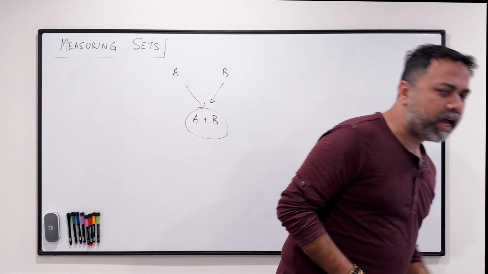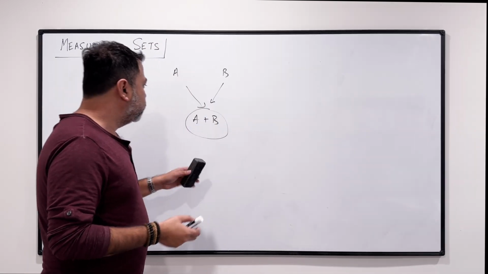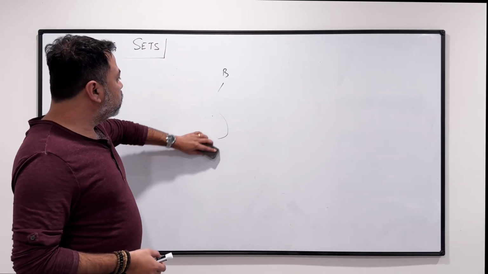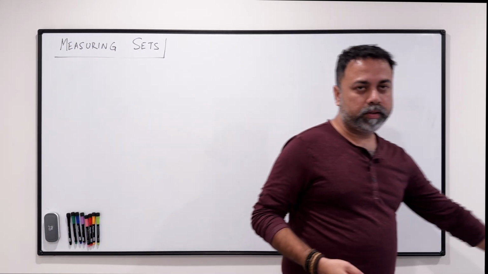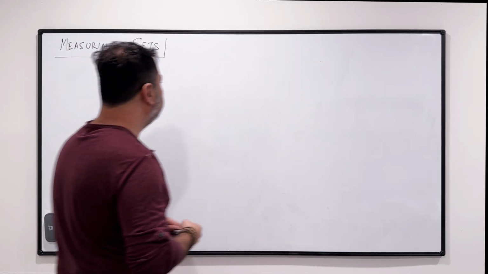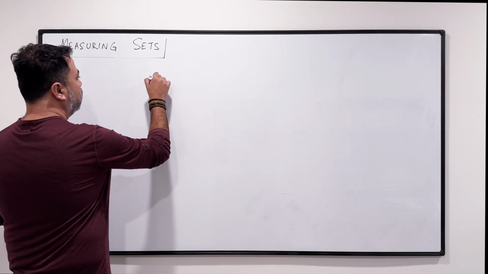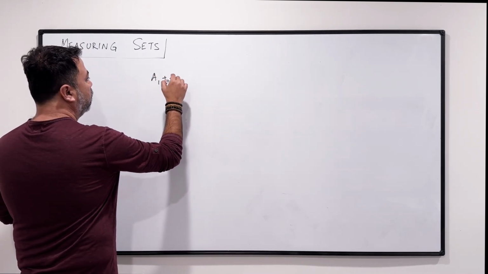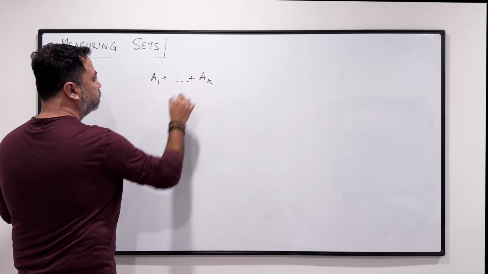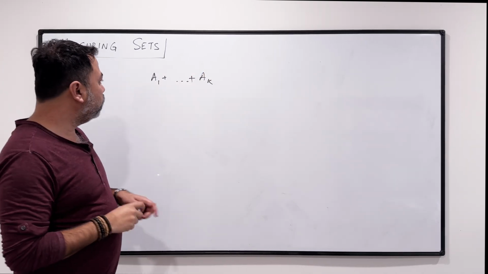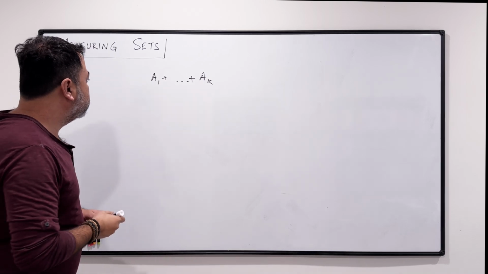You can think of these tags as, I don't know, colors or something, but you can also think of them as just numbers. So if, let's say, I'm trying to do a k-ary sum of k things, how will I do this construction?